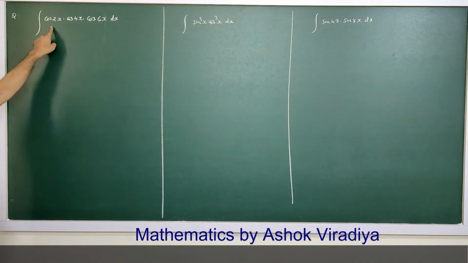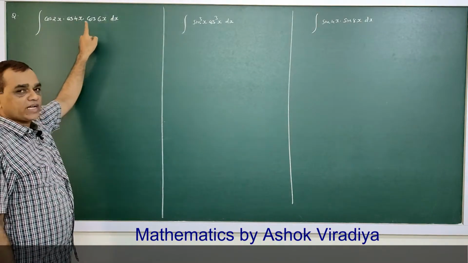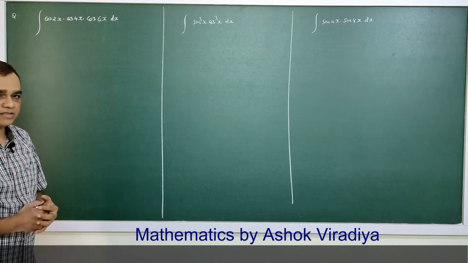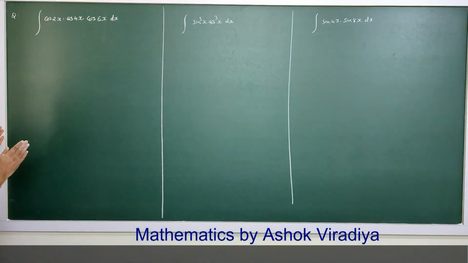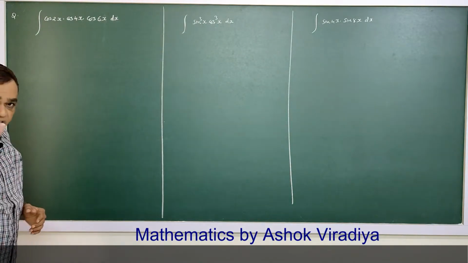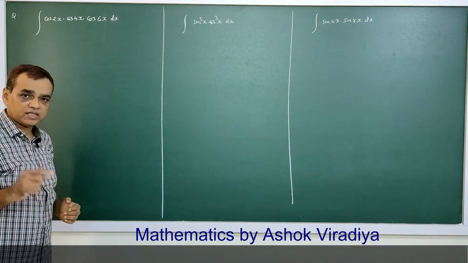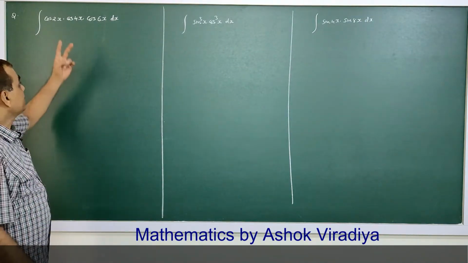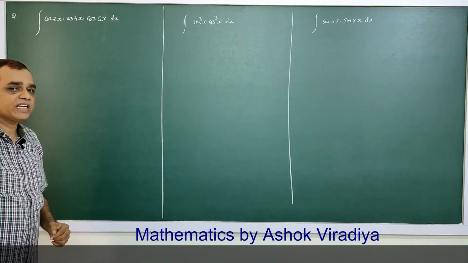Integral of cos 2x into cos 4x into cos 6x. Say here cos into cos is given. If only cos 2x is given, then we can integrate. If only cos 4x is given, then we can integrate.